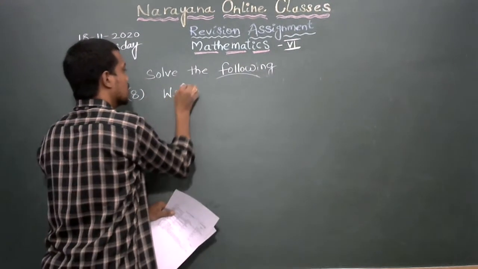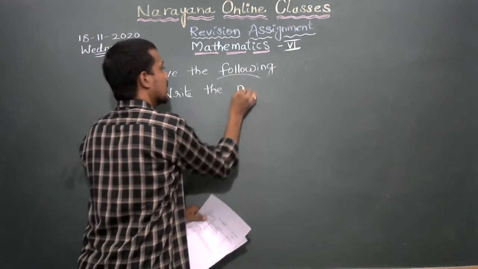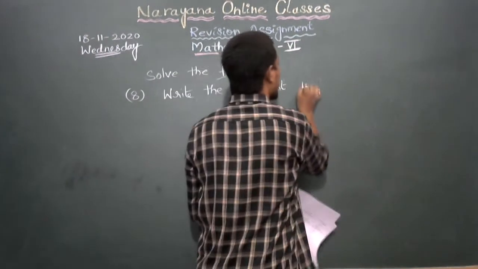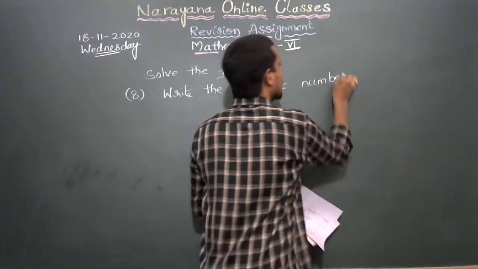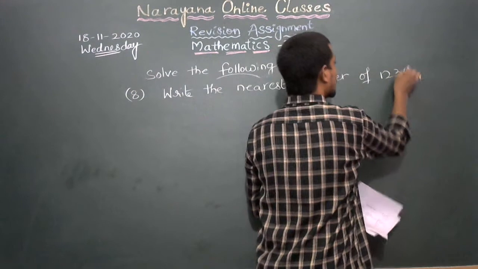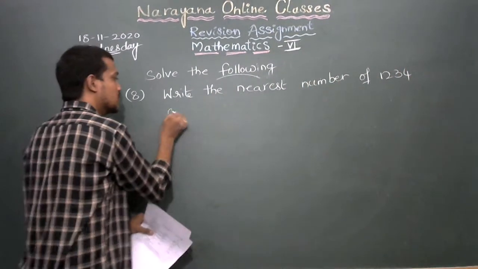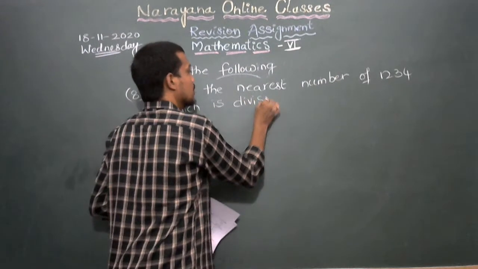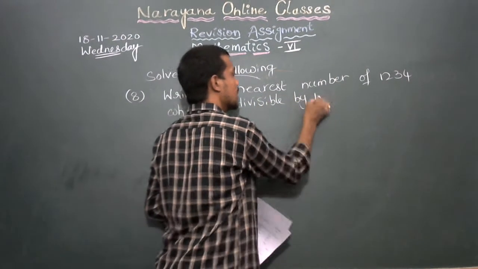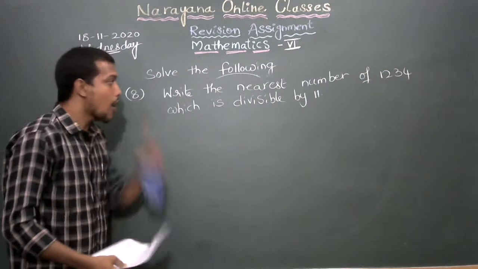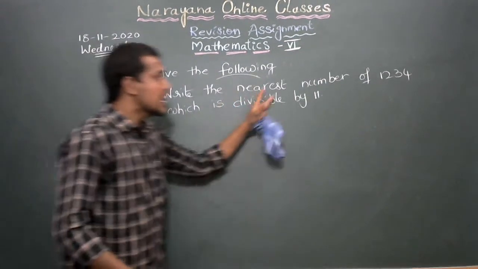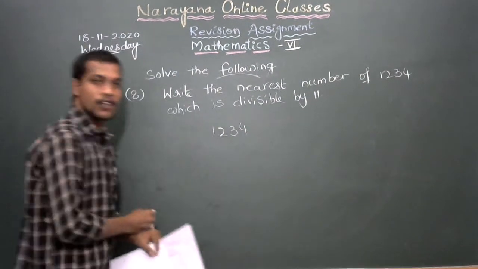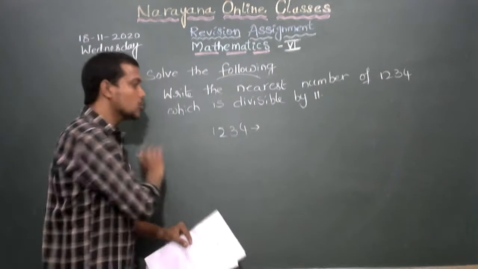Write the nearest number of 1, 2, 3, 4 which is divisible by 11. So what are they asking? Write the nearest number of 1, 2, 3, 4. So 1, 2, 3, 4. What are the nearest numbers of 1, 2, 3, 4?